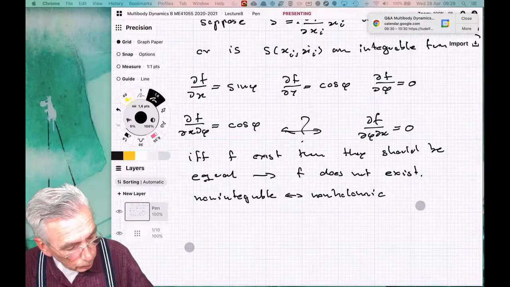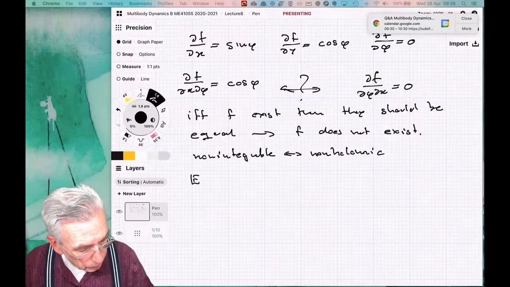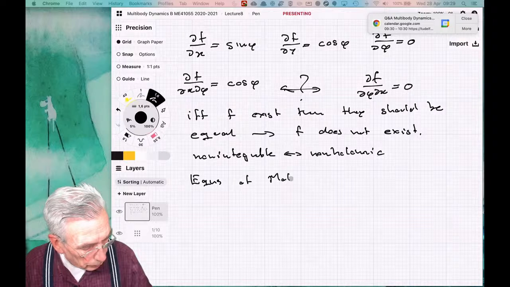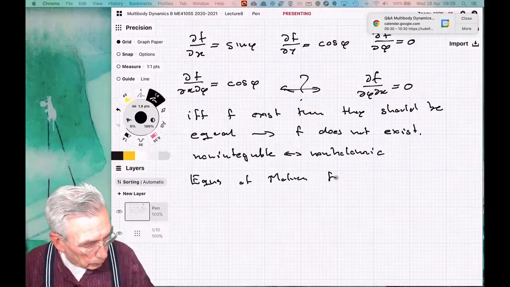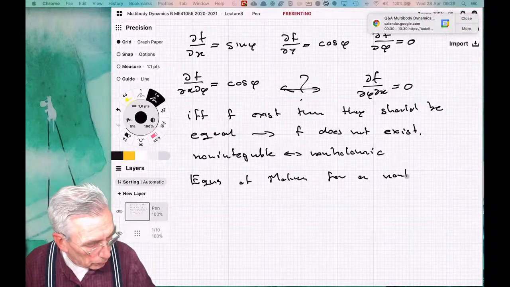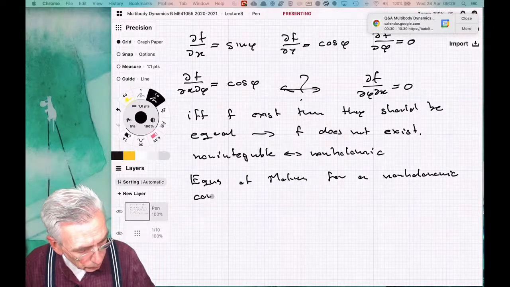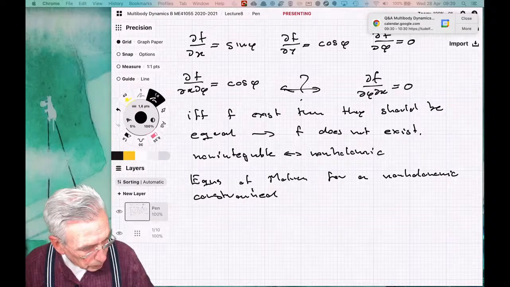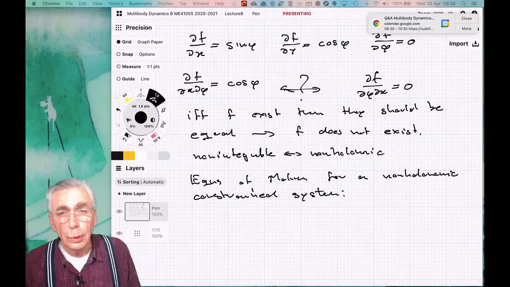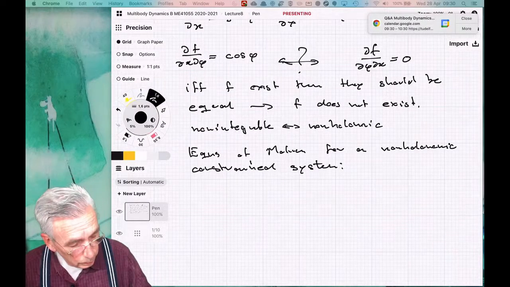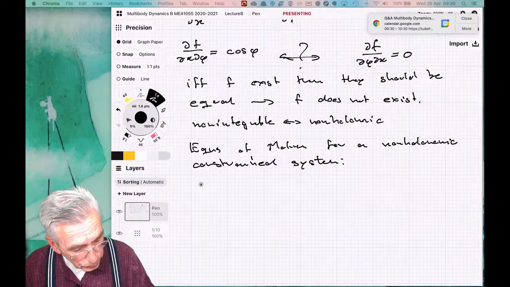Now we want to have the equations of motion, EOM, for a non-holonomic constrained system. And of course the start is again with our virtual power expression.